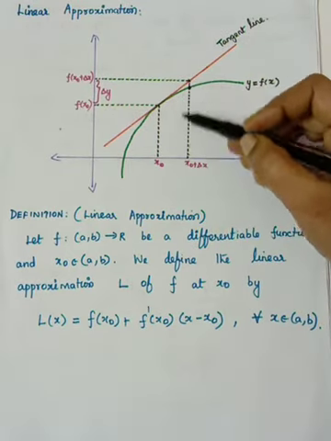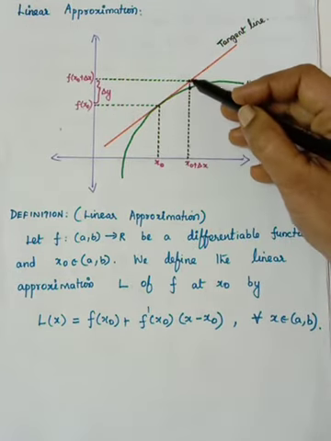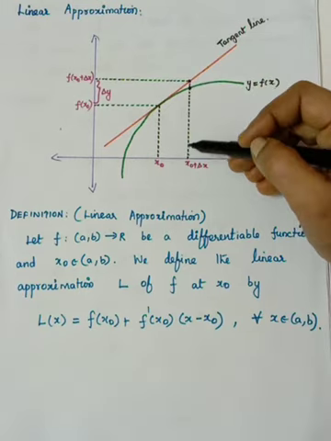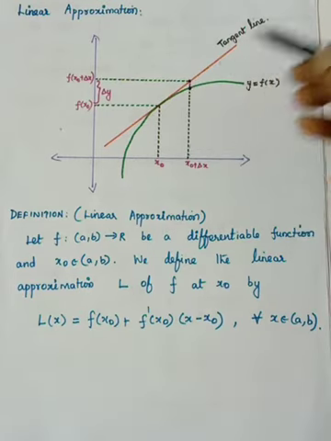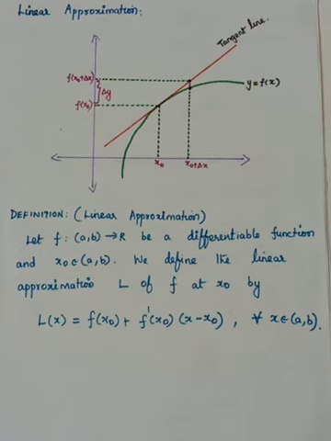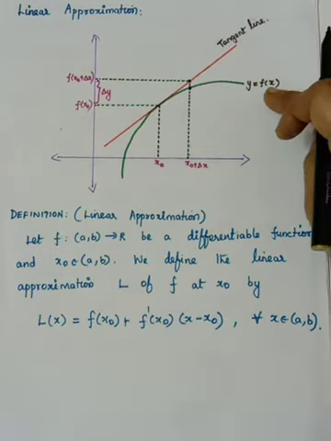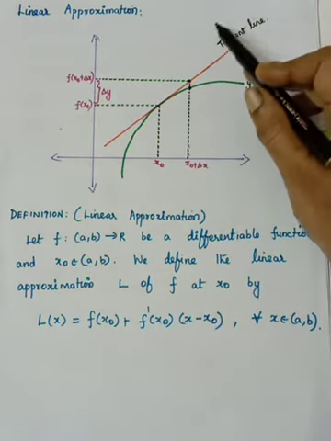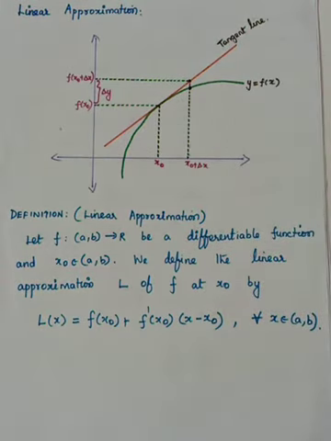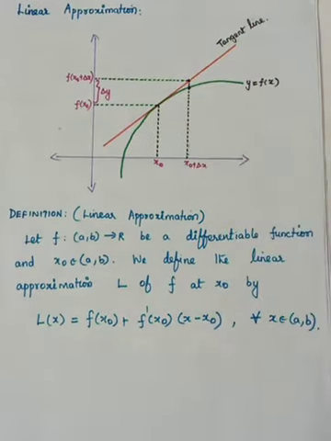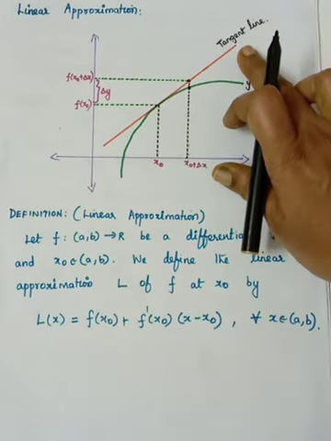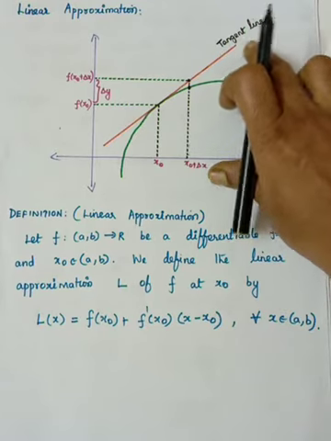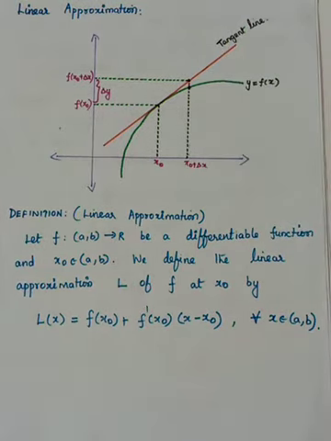But from this point to here, the whole distance gives the approximated value of the function at x naught plus del x. So the tangent line gives a good approximation of the function at a particular point x naught plus del x. This means we have to find out the equation of the tangent line.